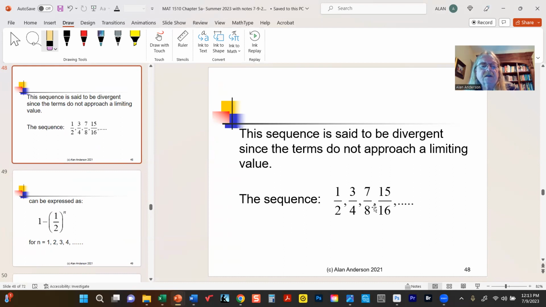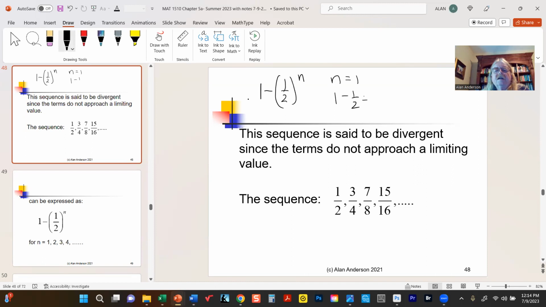This one looks interesting. It turns out this one is the result of 1 minus 1/2 to the nth power. So in other words, when n is 1, we'll have 1 minus a half. When n is 2, 1 minus a quarter.